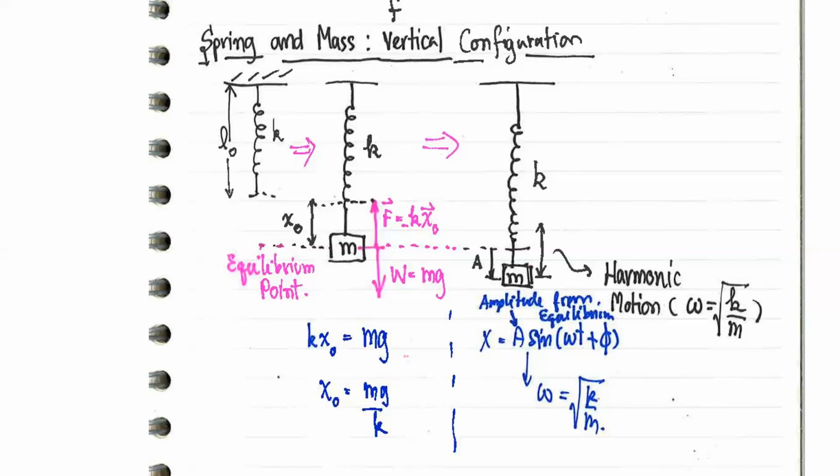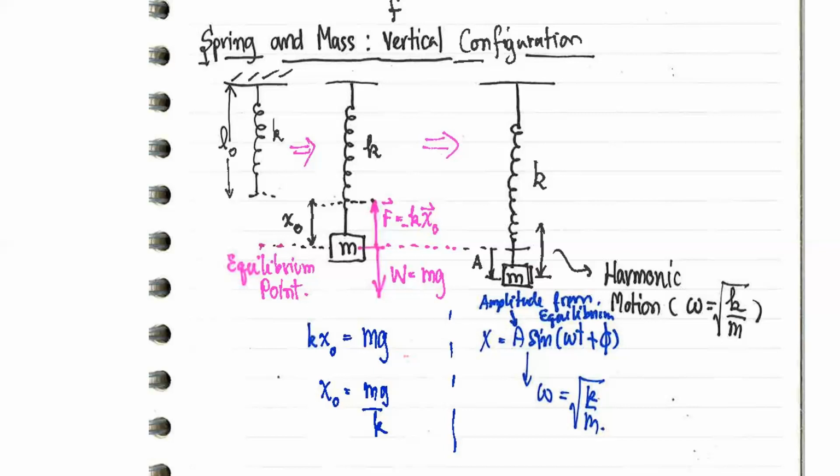So if you have the same spring and the same mass hanging vertically or horizontally on a smooth, frictionless surface, we will find that the frequencies of oscillation are the same in both cases.